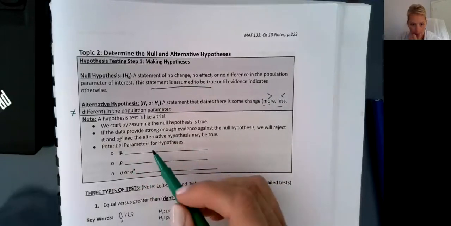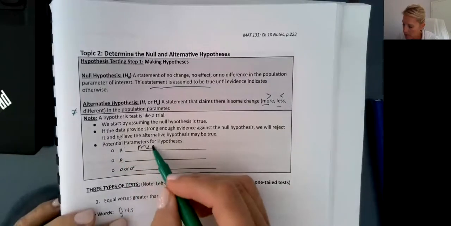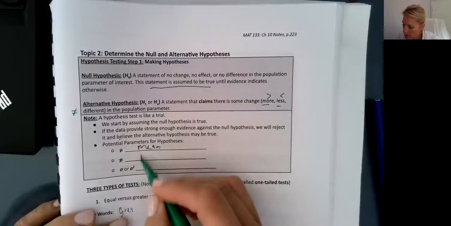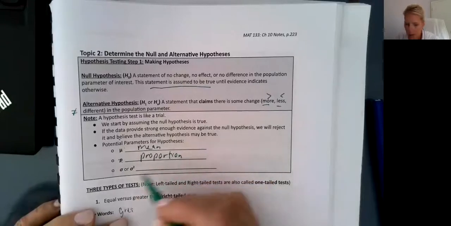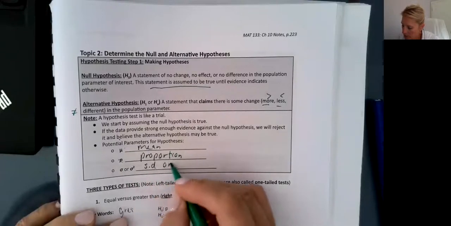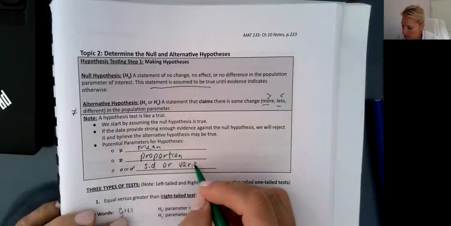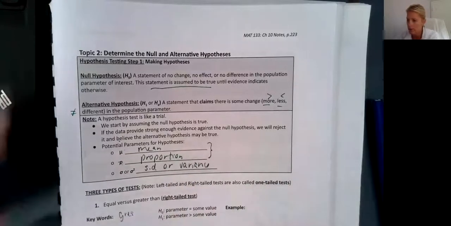Some potential parameters for hypotheses would be mu, which is the mean, or the population proportion, or the standard deviation, or variance. But as I mentioned before, we're only focusing on the mean and proportion this semester.